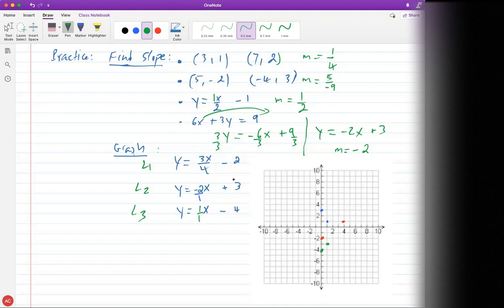So these are all lines. We can go ahead and join them.